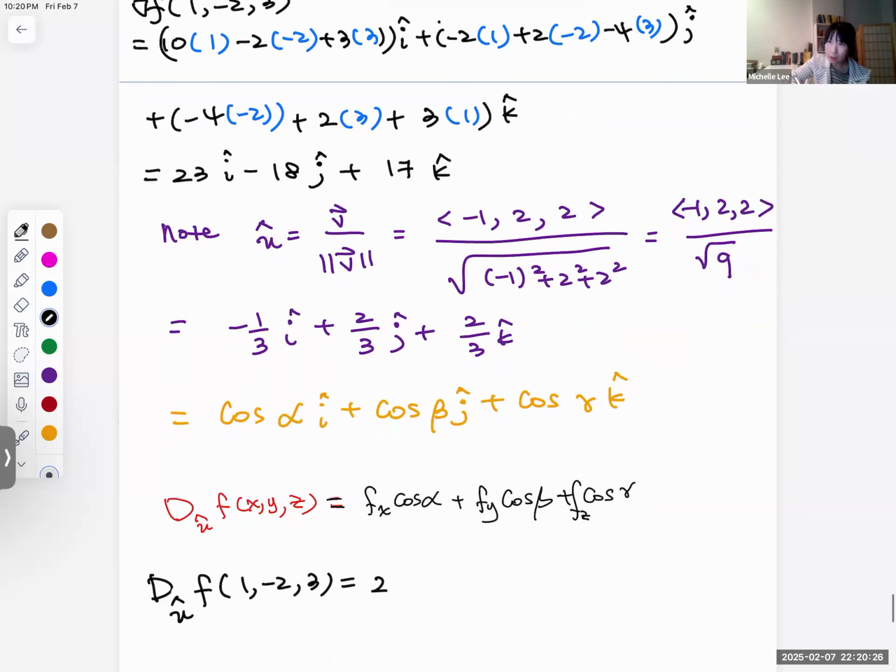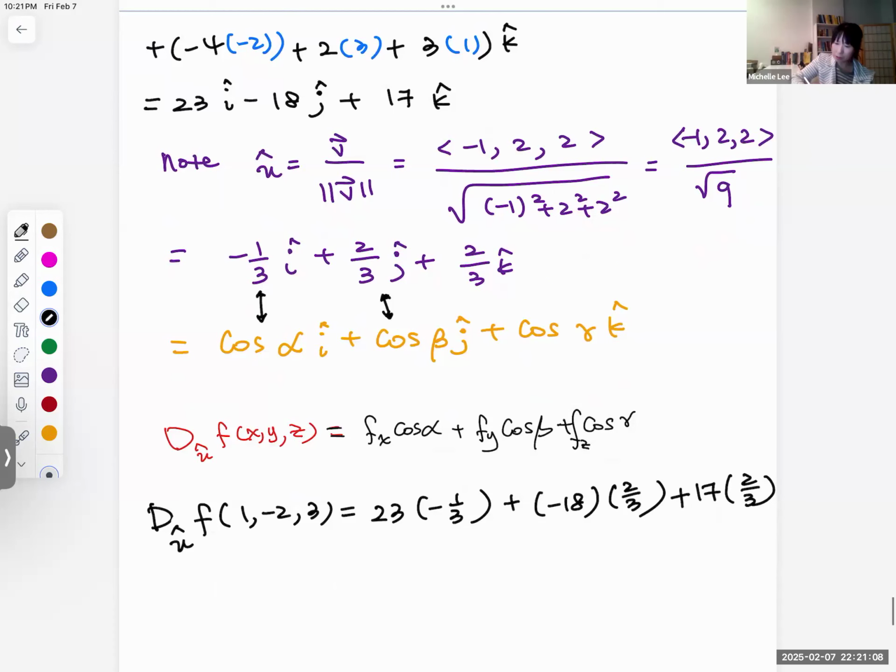So we have 23, and then cosine alpha corresponding to that, right? So negative 1/3, plus 23 and negative 18, I'm using the ones on top, and then cosine beta corresponding to 2/3, and plus 17k, so 17 cosine gamma corresponding to 2/3.